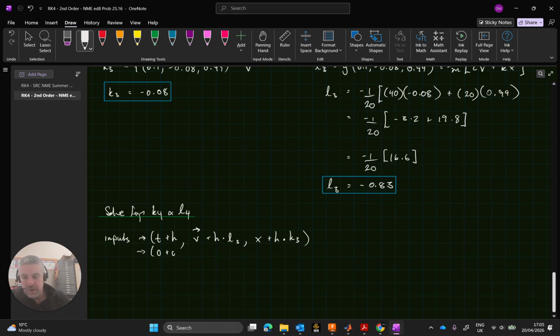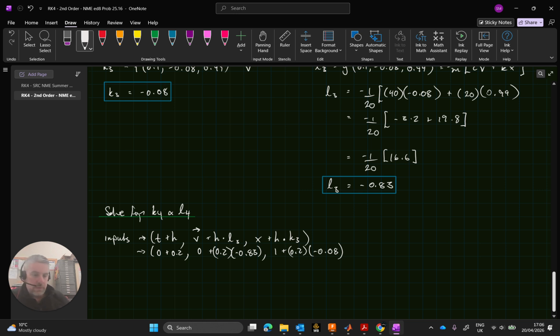Right, so values for them: 0 plus 0.2, then v, my current velocity value, my initial value given that I'm still on the initials at my first time step, is 0 plus 0.2 by L3, which is minus 0.83. And x is 1 plus the h value, 0.2 multiplied by a K3 value of minus 0.08.